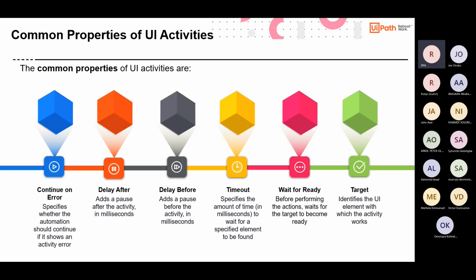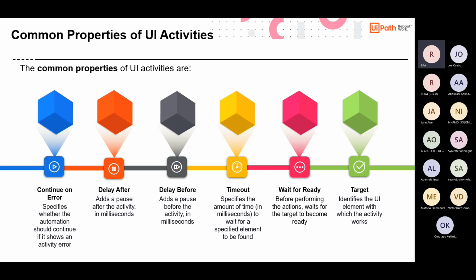You also have the wait for ready property, which talks about how your target should respond. Before performing the action, your target needs to wait to get ready before it actually executes the action assigned to it.